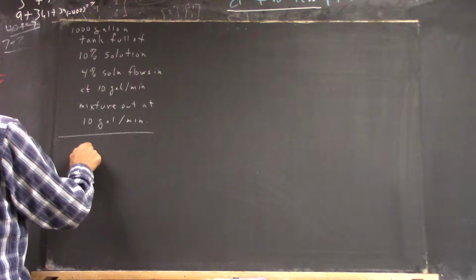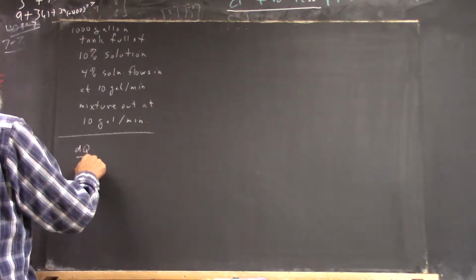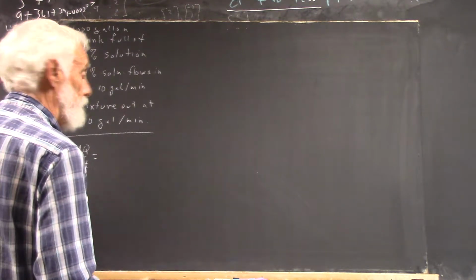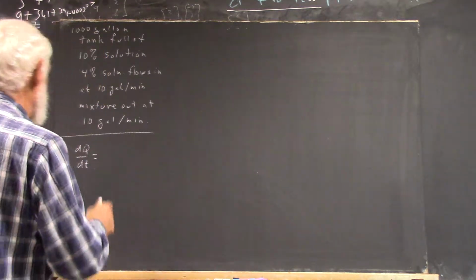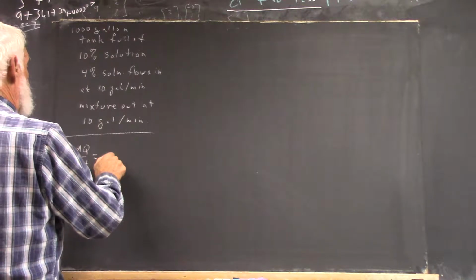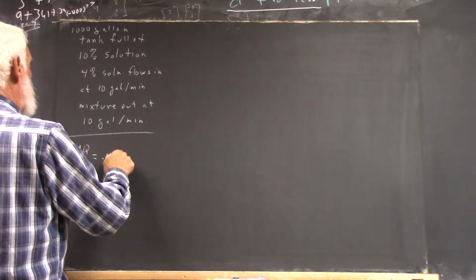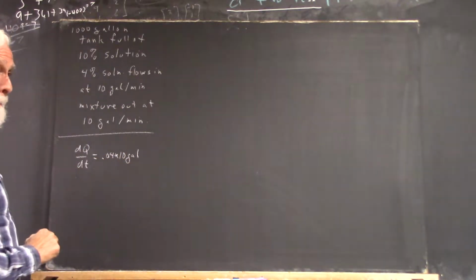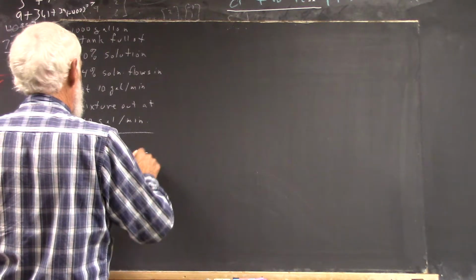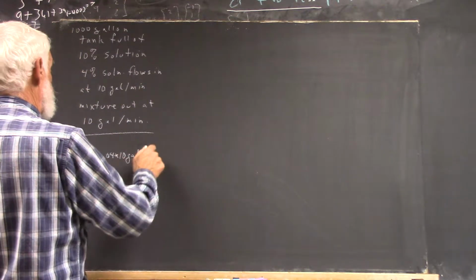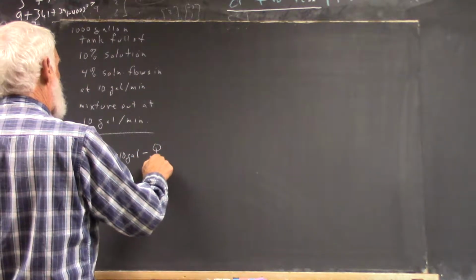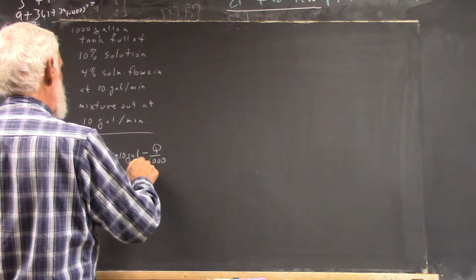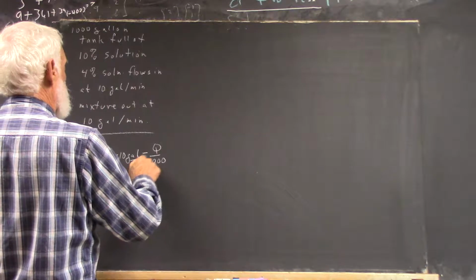So, dq dt, 4% of your 10 gallons, right? So it's going to be that's what's coming in. And then you're going to have gallons per minute.